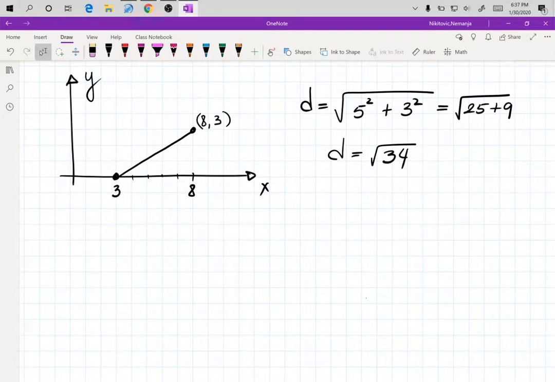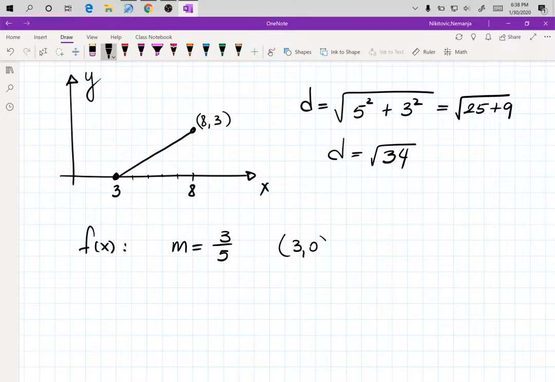So let's. What is my function f of x? Well, we have to find the line, right? Use algebra to find the line because that's your f of x. So to find f of x, we're going to calculate the slope m. Now you know that the slope m is going to be 3 over 5 because the function goes 3 units up, 5 units over. And now you have a point 3, 0.